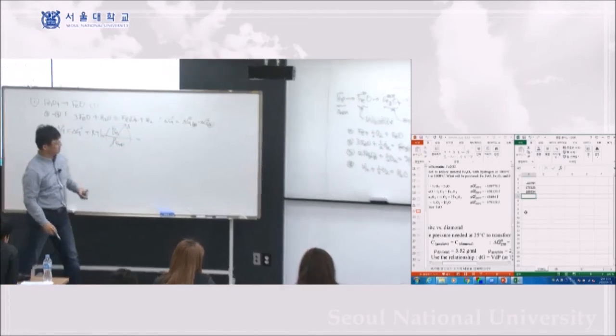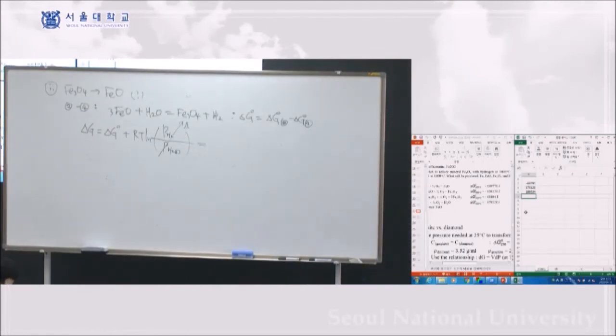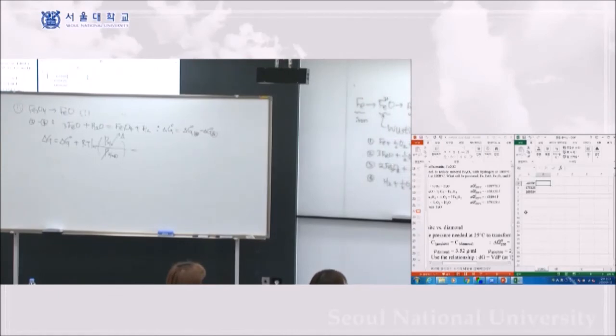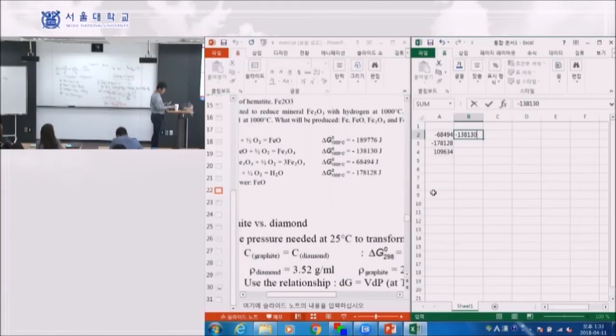And then delta G naught in this case is 2 minus 4. So 2 is minus 1, 3, 8, 1, 3, 0. So this will be this minus 2 minus 4. So 3, 9, 9, 9, 8.